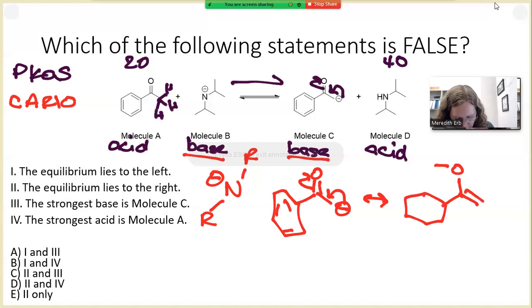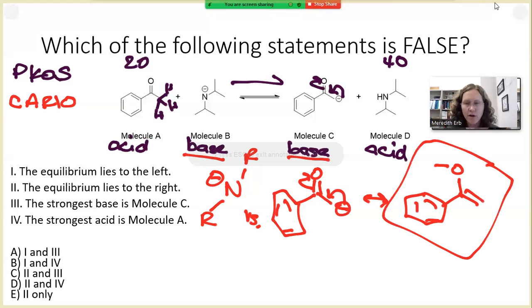we can see that we have this resonance contributor. When you compare molecules using CARIO, you're going to want to compare them with the resonance contributor where the negative charge is on the most stable atom. In this case, having that negative charge on an oxygen atom is what we're going to use to compare with our N- base on the left-hand side.